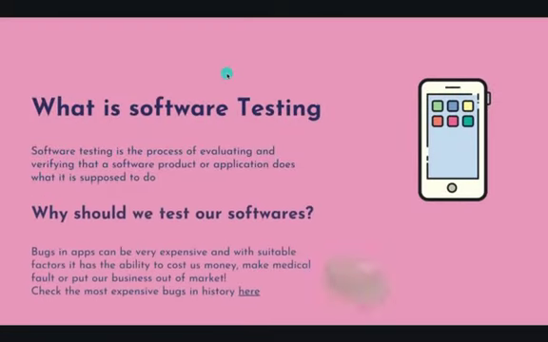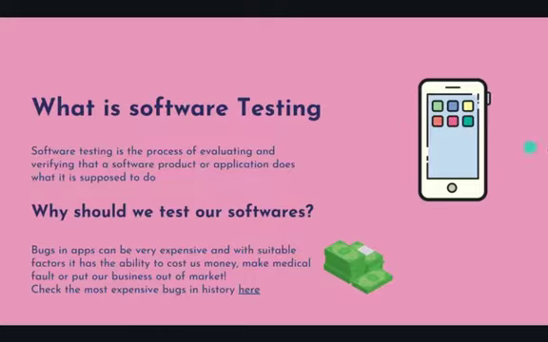Okay, so let's start by defining what is software testing. In theory, software testing is the process of evaluating and verifying that a software product or application does what it is supposed to do.